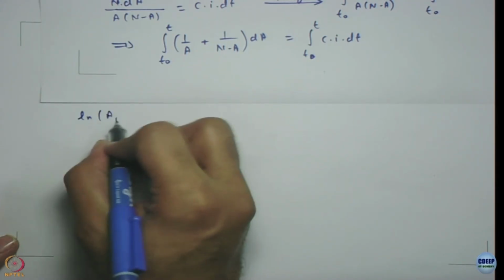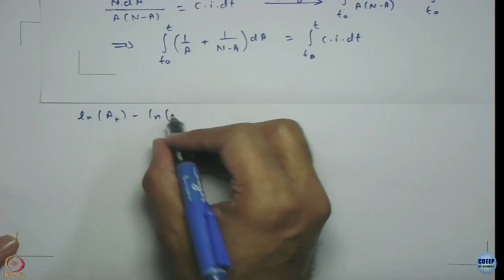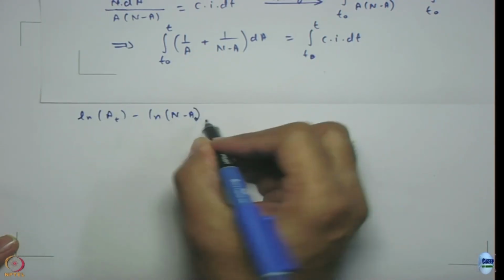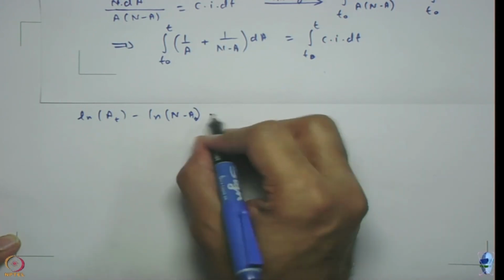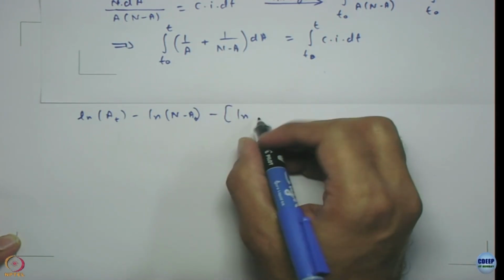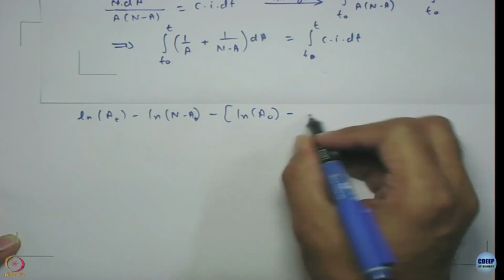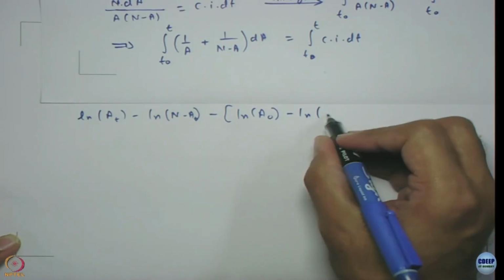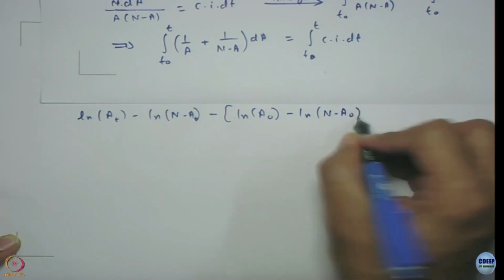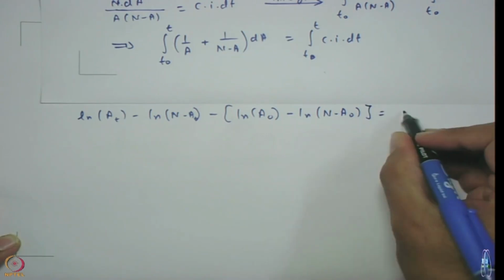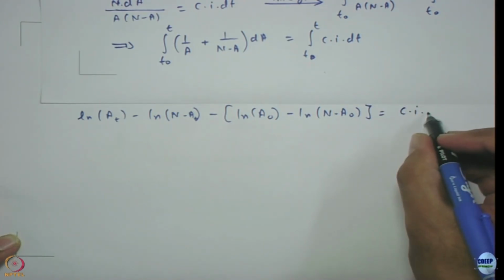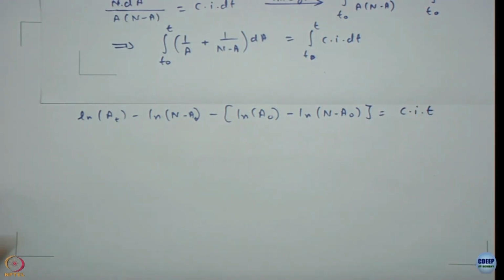log of AT minus log of N minus AT, minus log of A naught minus log of N minus A naught equal to C into I into T. So, T naught is at time 0, so the last term disappears.